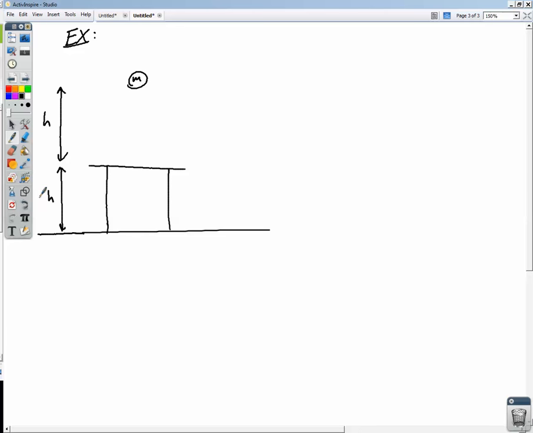And let's say that the table is that same height h above the ground. The ball is going to fall to the table and hit the table. And we want to know what is the change in the gravitational potential energy of the ball when it goes from its height h above the table down to the table. The purpose of this is to show you that the choosing of the reference level is not going to affect the outcome of this problem.